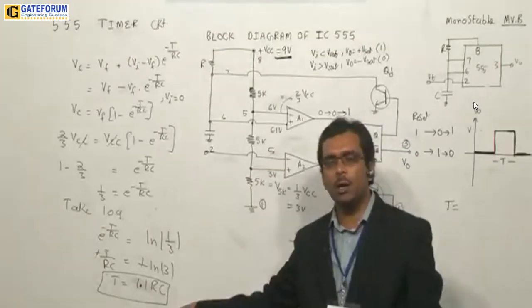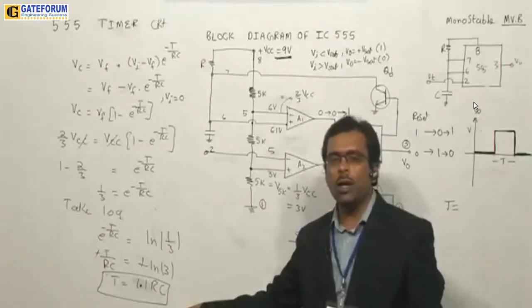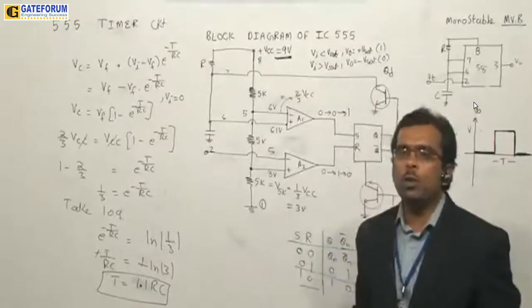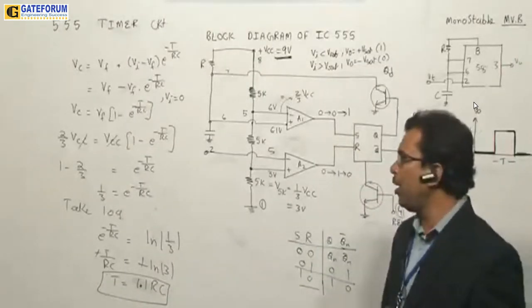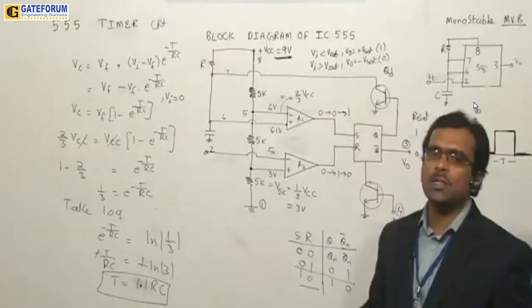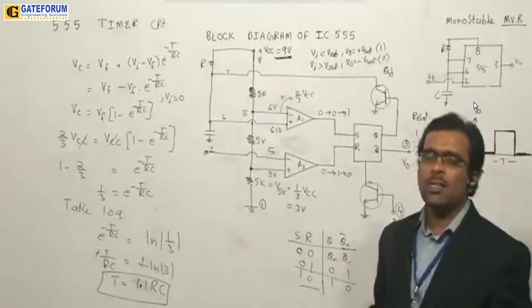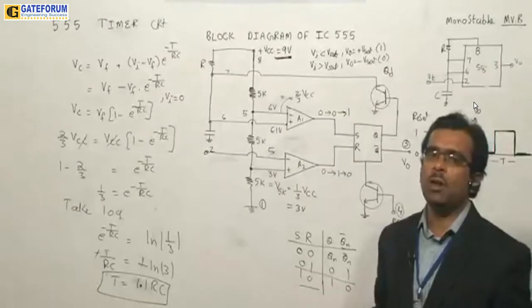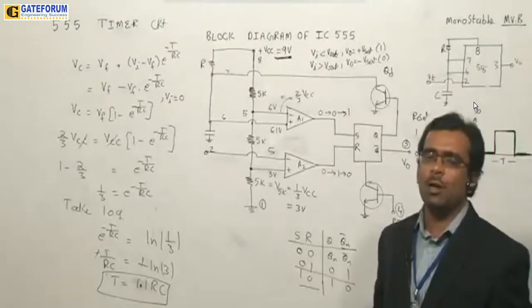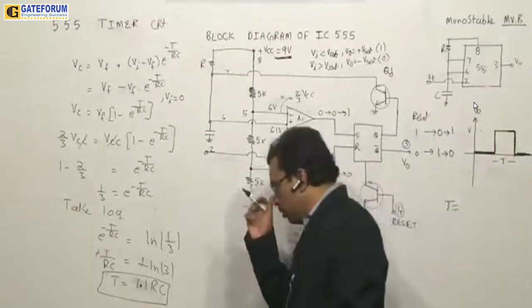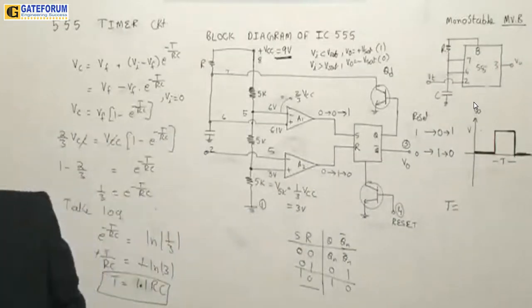Based on the circuit and the components connected, we get this value. Here for monostable, I repeat, you will get t is equal to 1.1 RC. In the previous circuit you got monostable 0.69 RC. So you should understand that based on circuit design we get the time period values; they are not fixed.